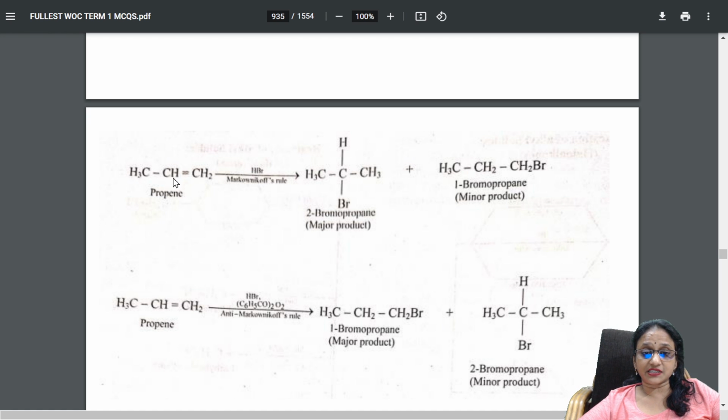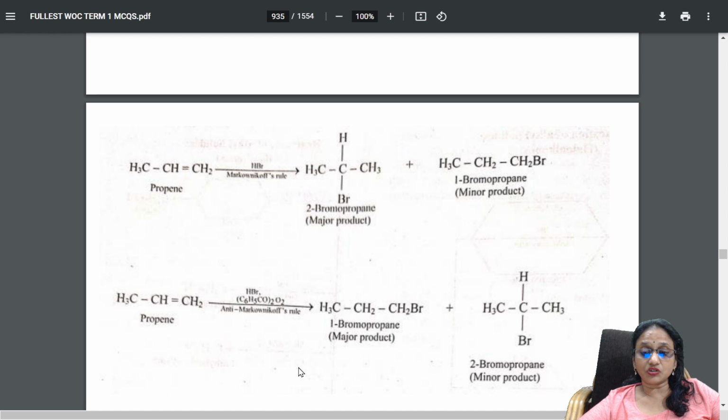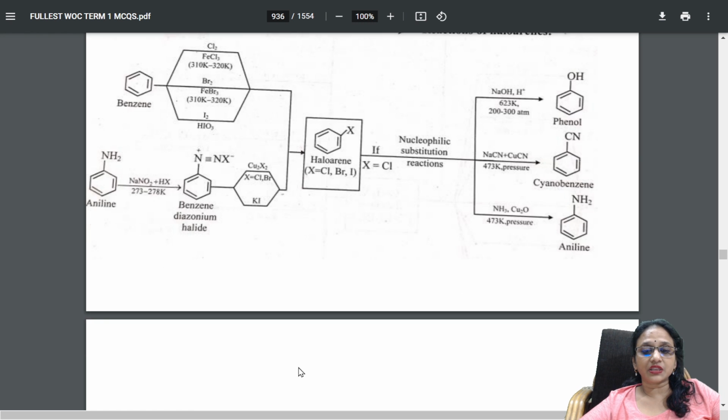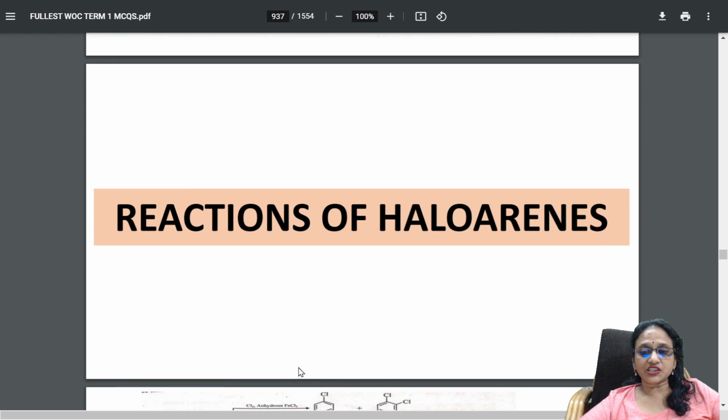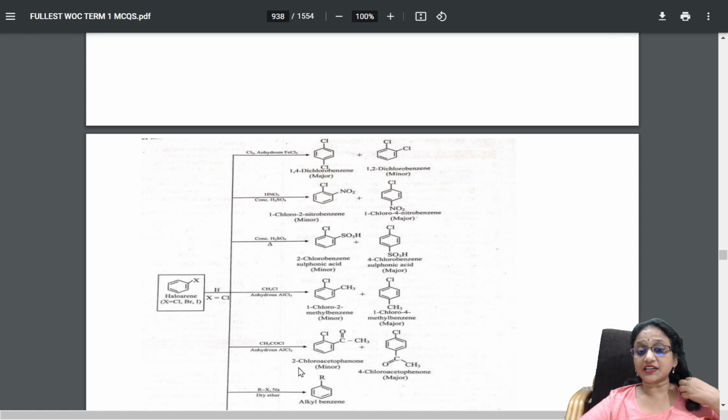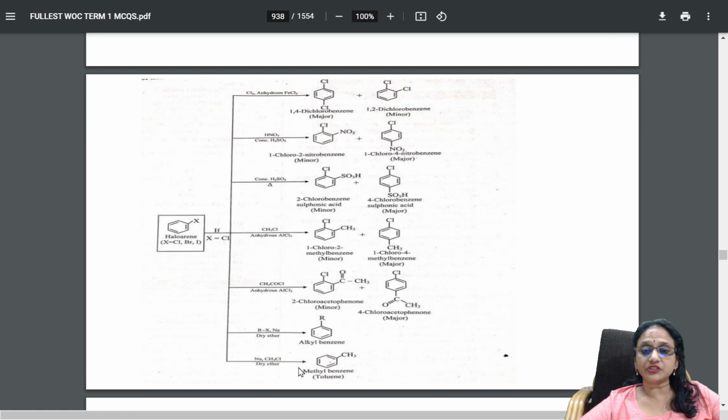Both Markovnikov and anti-Markovnikov rules are given here. Then these are the preparations and reactions of haloarenes. Finally, important reactions of haloarenes, where they undergo electrophilic reactions, are all listed with the product names.